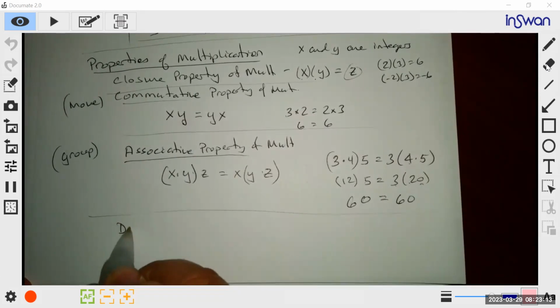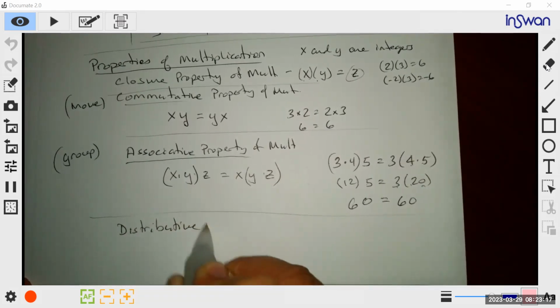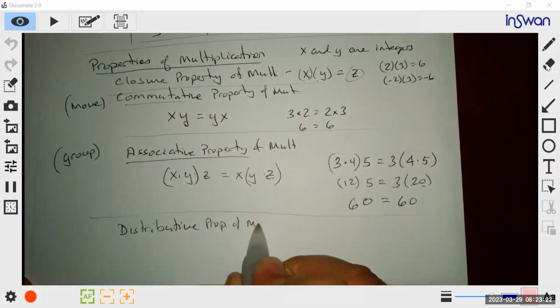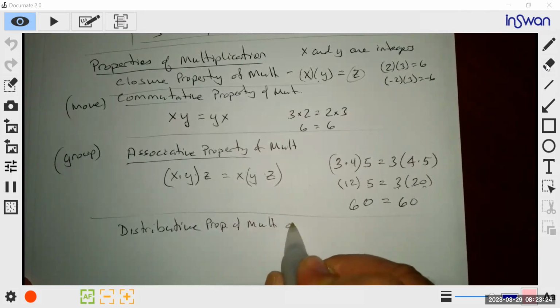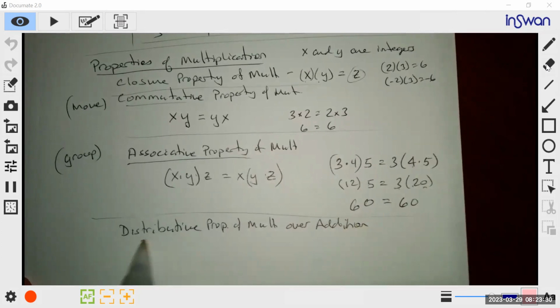The distributive property of multiplication over addition. That's the formal name of it.